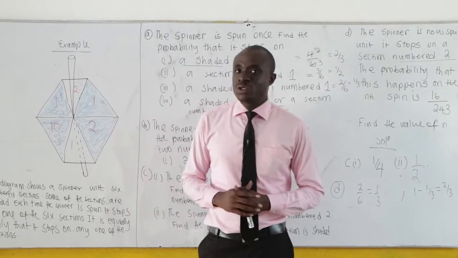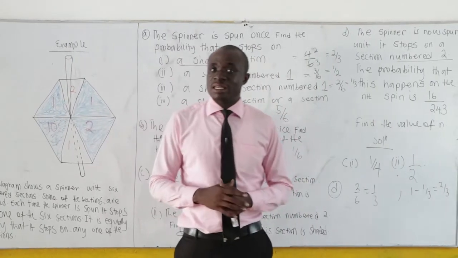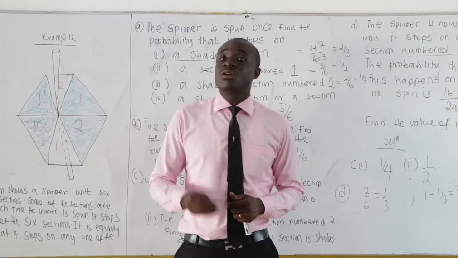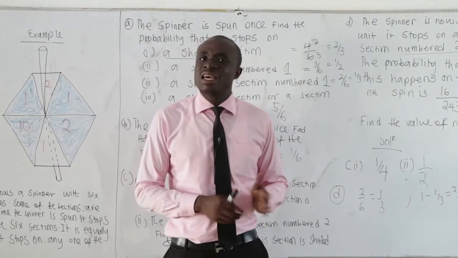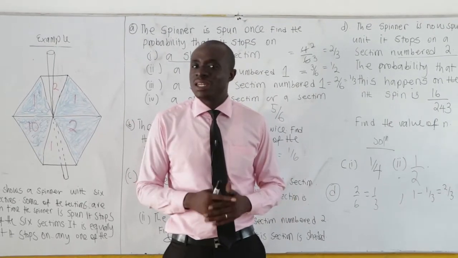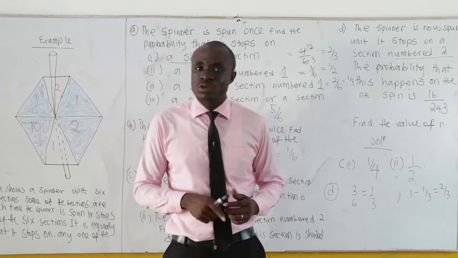Bear in mind, we are being told that it stops on the nth spin. It means that in the first n minus 1 spins, it did not fall on 2.